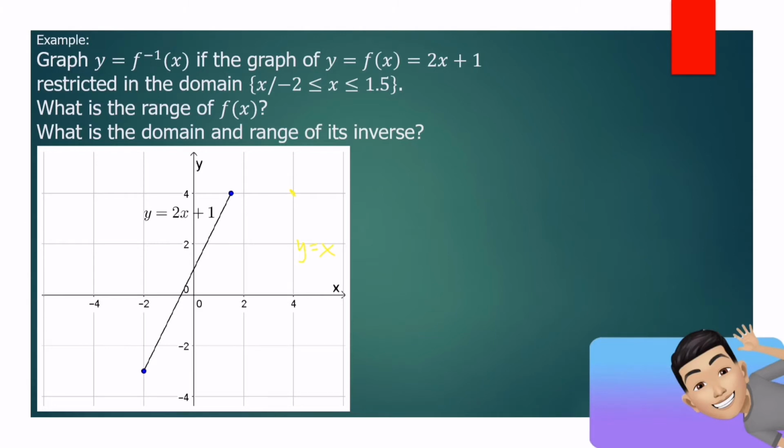Kagaya nito, if x is equal to 4, then y is equal to 4. If x is equal to 2, then y is equal to 2. 0 and 0, or 1 and 1, 3 and 3, and doon din sa kabilang side, -1, -1, negative 2, negative 2, negative 3, negative 3, and negative 4, negative 4.